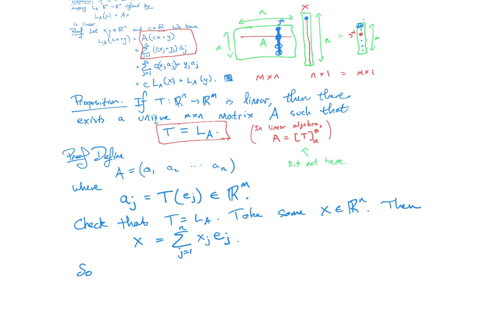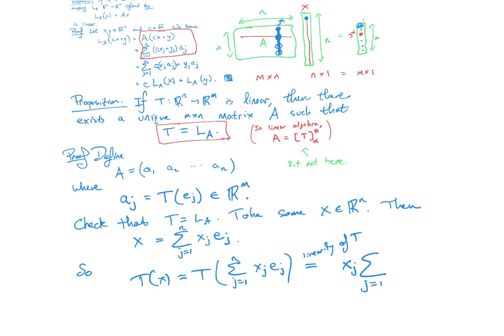So now if we take T of x, we haven't changed x here. Now, by linearity of T, this is the sum j equals 1 to n of xj, those are scalars now, times T of ej.